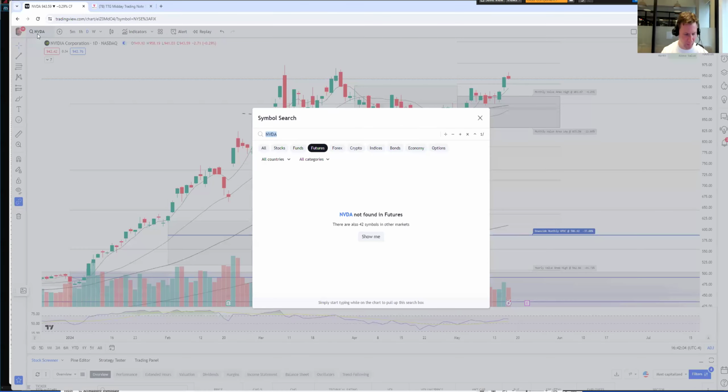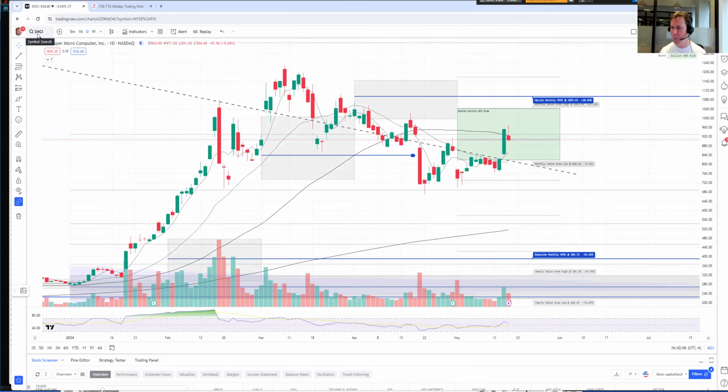And SMCI was the other one that I was talking about. This one is a bit weaker, right? The way that I would think about this name, even though the bullish 80% rule is in effect, is to watch this 50-day moving average. Notice how it tried to get above here and go higher this morning and got rejected.